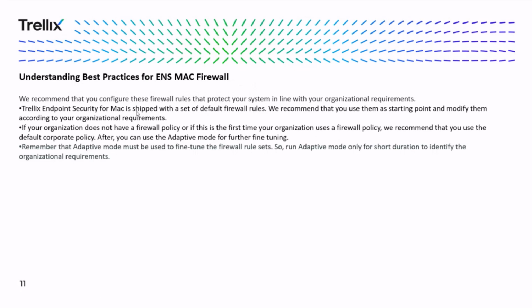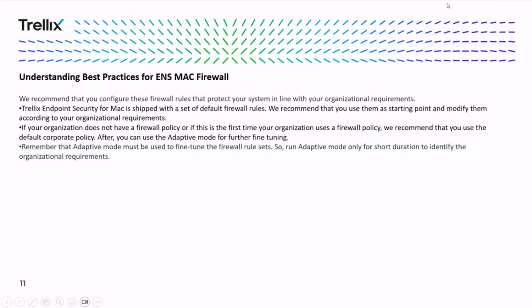So you can have a couple of UAT devices where adaptive mode is enabled on the firewall and perform the day-to-day operations. Make a note of the adaptive rules which are getting created, and you can fetch those rules and add them into the current policy, which can later be applied across production systems. That will definitely help to resolve most of the concerns.